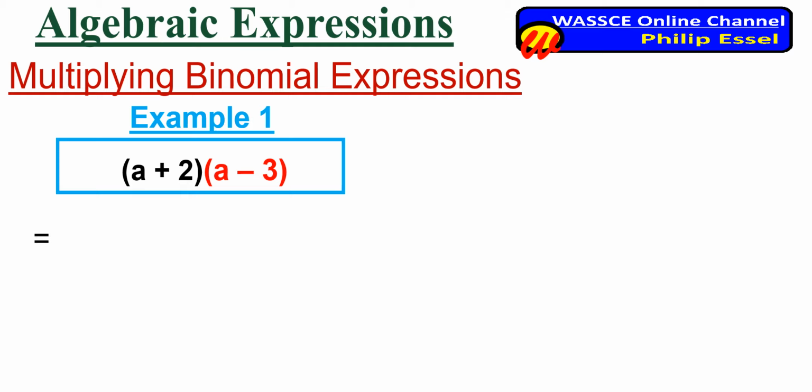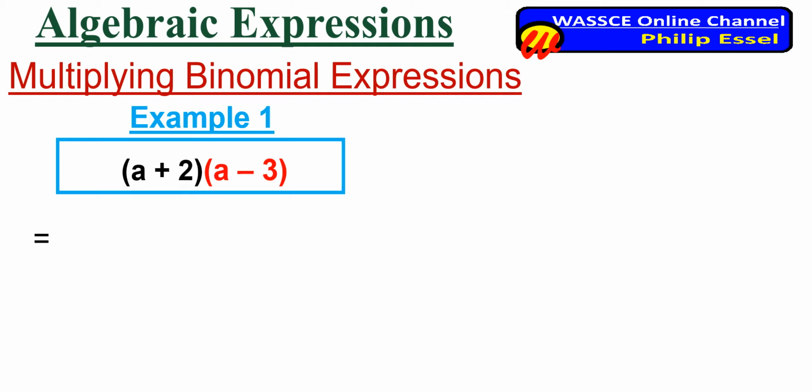When you are given something like this, take the first binomial expression. In this case, the first binomial expression is a plus 2. You would then take the first term of this first binomial expression. In this case, the first term is a.